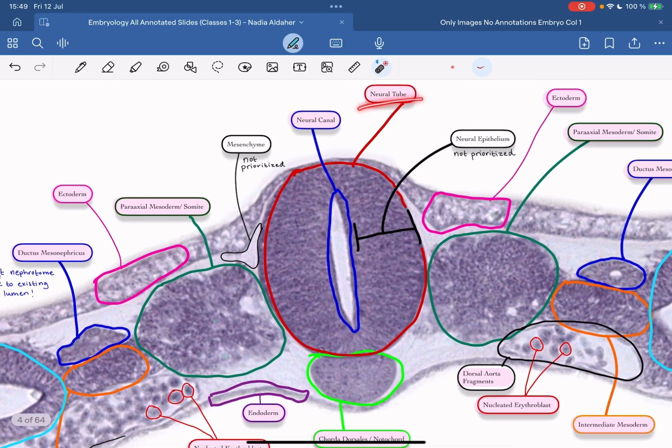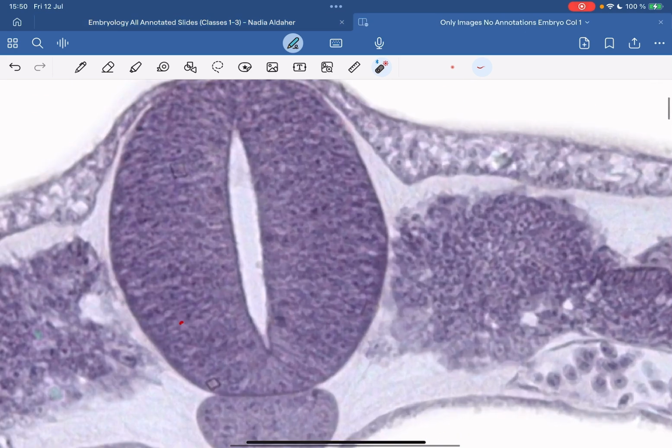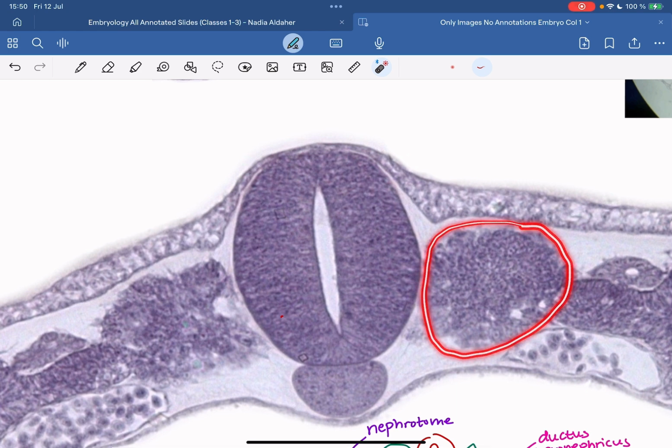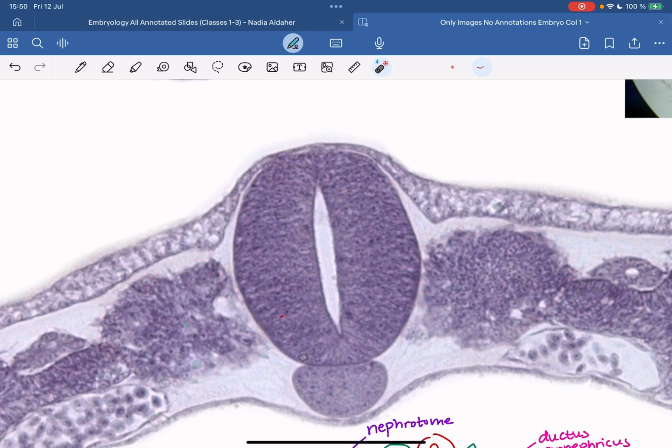The neural tube is made up of something called the neural epithelium. It's not as prioritized for this colloquium, thankfully, but double check again with your professors just to make sure. Now, to each side of the neural tube, we have two main blobs. I call these pom-poms because they look very fluffy at the ends, almost like it's holding two pom-poms, like a little cheerleader.